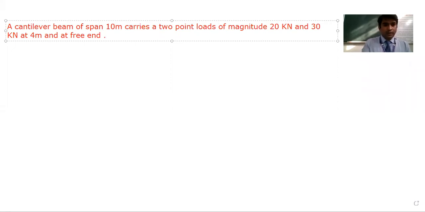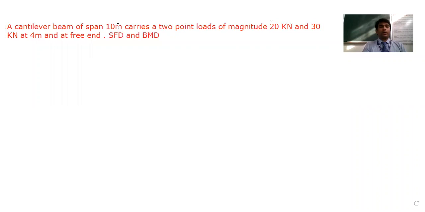Draw SFD and BMD. Okay, so this type of problem we will solve in three steps.